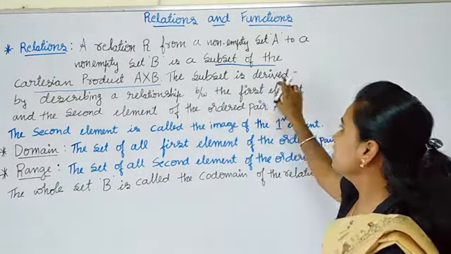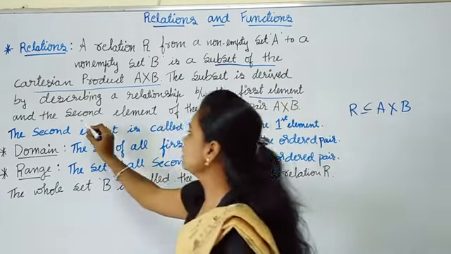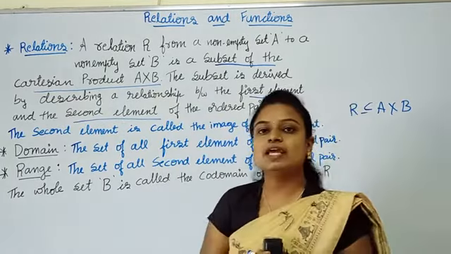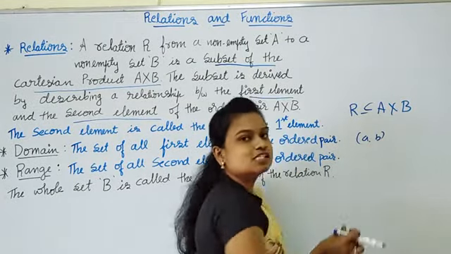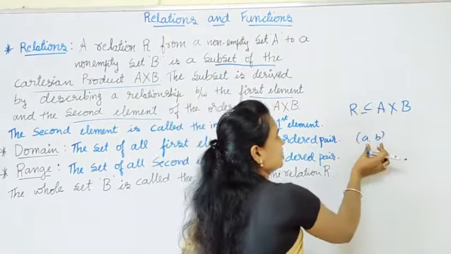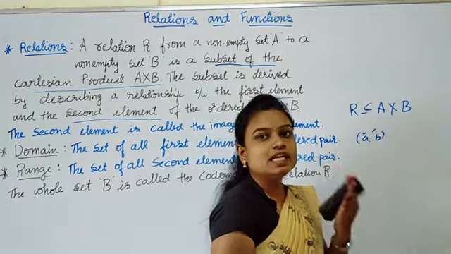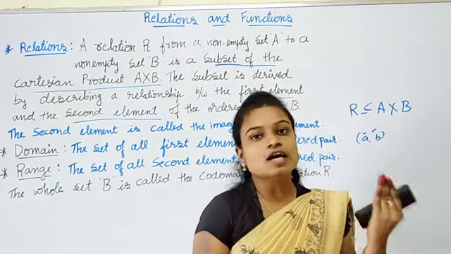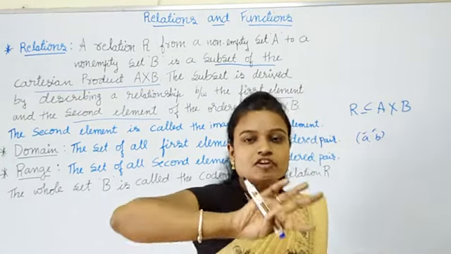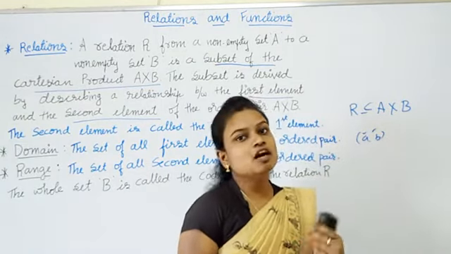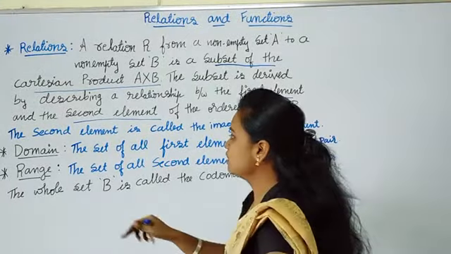The subset is derived by describing a relationship between the first element and the second element of the ordered pair in A cross B. If we get a relation, for example (a, b), this ordered pair gives the relationship between the first element and the second element. Understand?